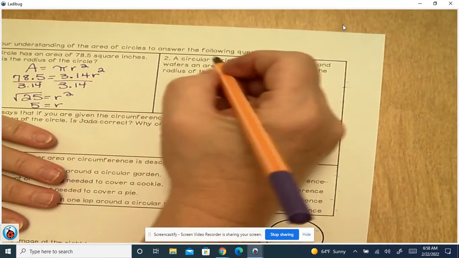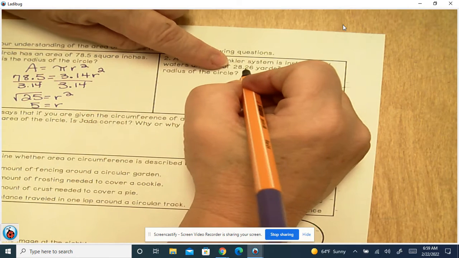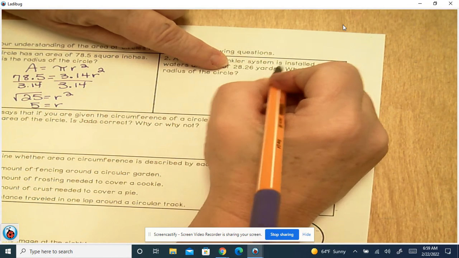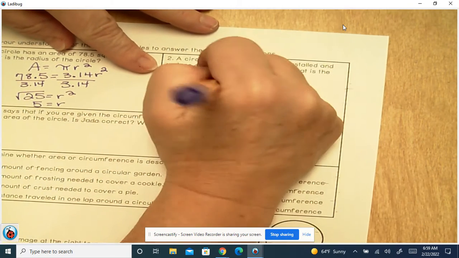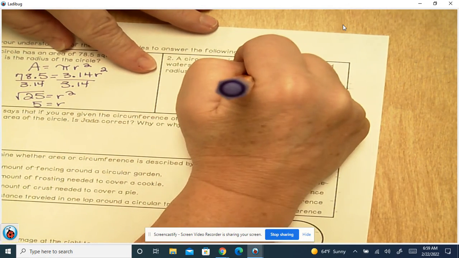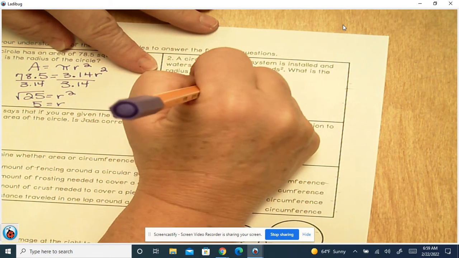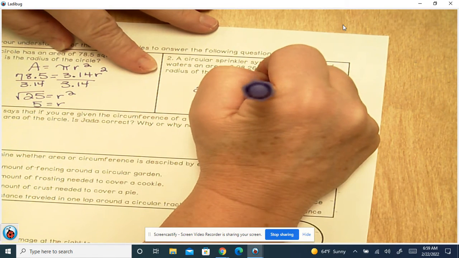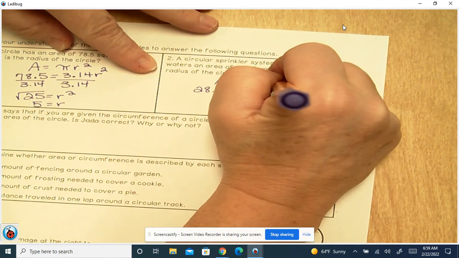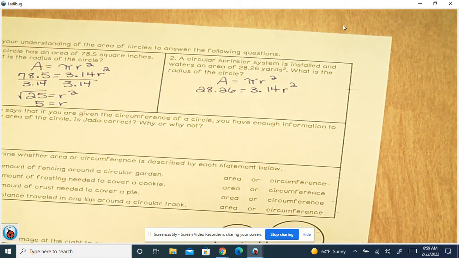All right, this next one, a circular sprinkler system is installed in water with an area of 28.26 yards squared. What is the radius of the circle? So we've got area equals pi r squared. So the area is 28.26 equals 3.14 times r squared. And in the other calculator, I don't know that you're going to be able to see it because this one doesn't light up.